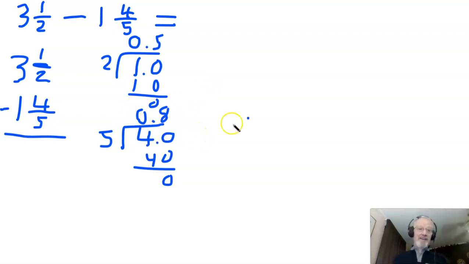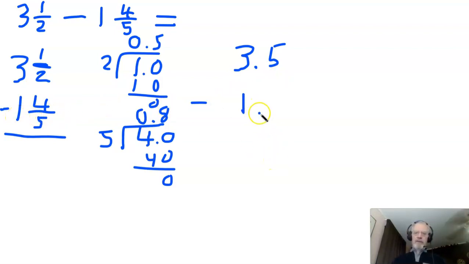Now that I have done that, I can say 3, that's my whole number over here, and 5/10, or 3.5, minus 1.8 is... I can't go 5 minus 8, so I got to borrow from here, make it a 2.